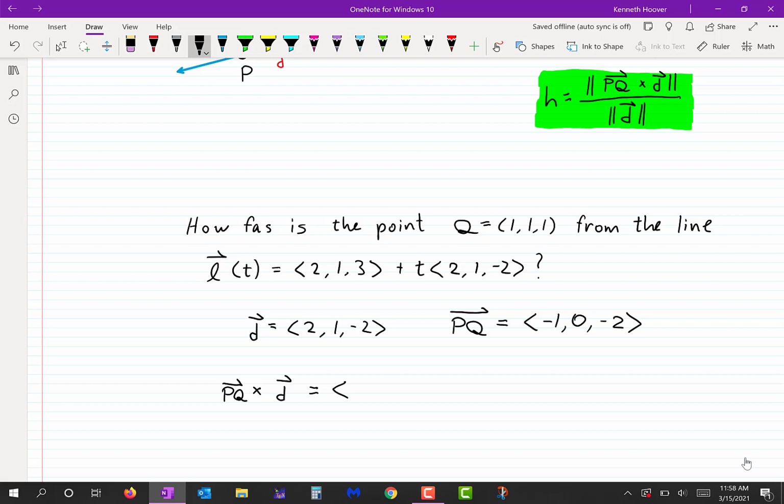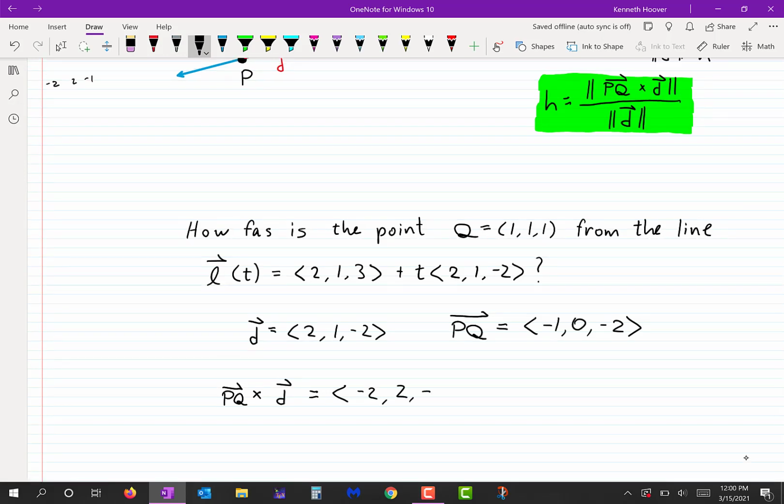I'll go ahead and give you some time to work it out. Pause the video if you need to, because I'm about to write down the answer. It's negative 2, 2, negative 1. Okay? So that's PQ cross D.